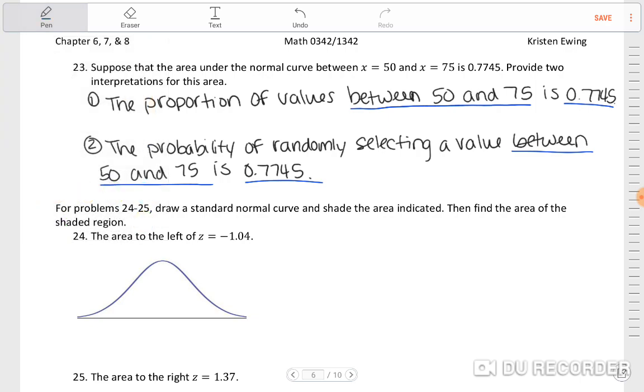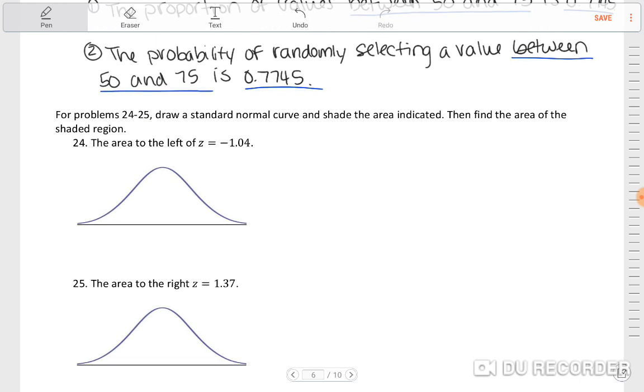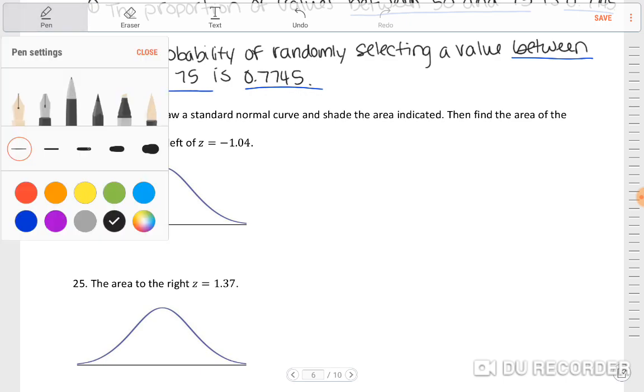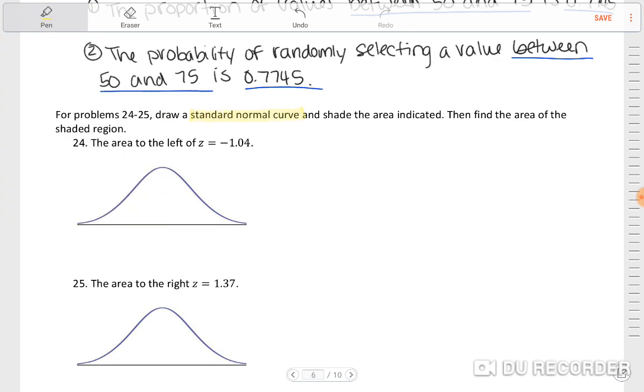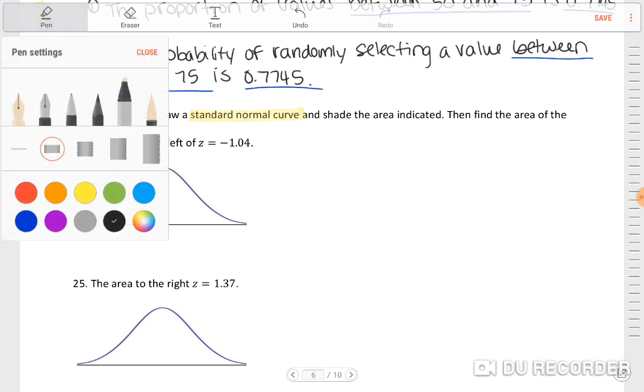Next one. Okay, draw a standard normal curve. Sorry, I'm on the wrong page here. Here we go. Draw a standard normal curve. Okay, you don't have to draw it, it's already there. And shade the area indicated. Then find the area of the shaded region. So part of your credit is going to come from your shading. Note that this is the standard normal curve, which means we're in terms of z.